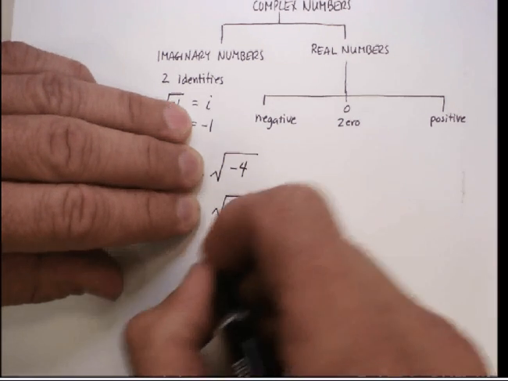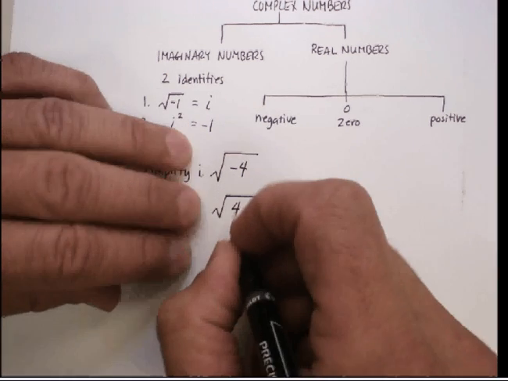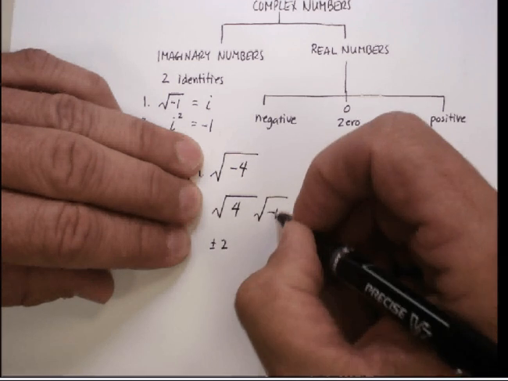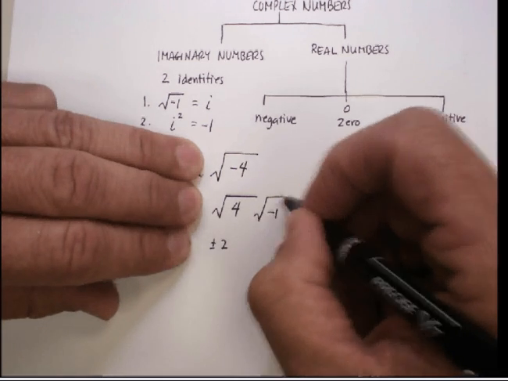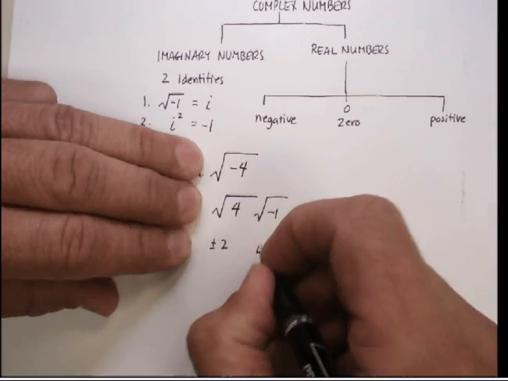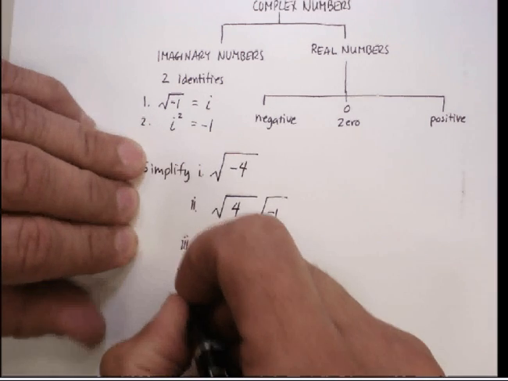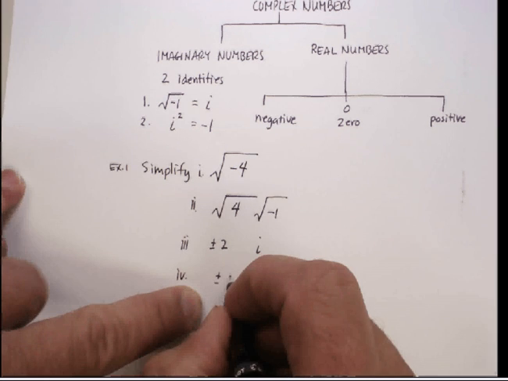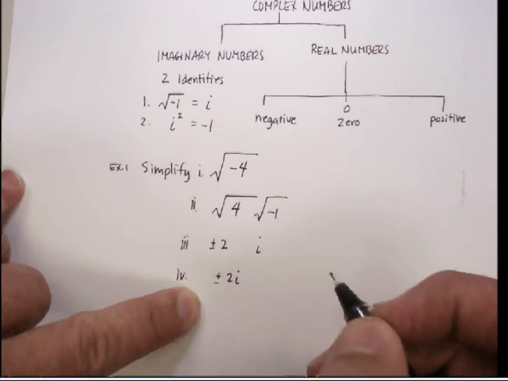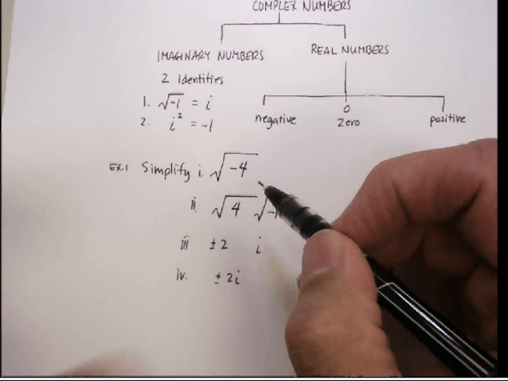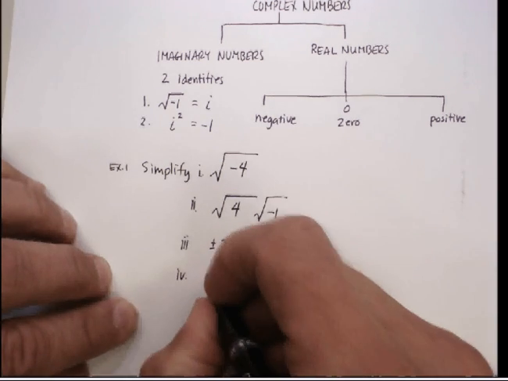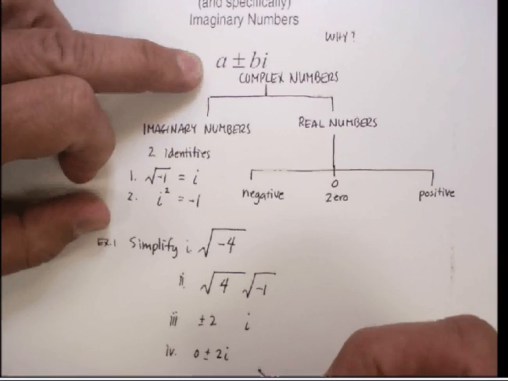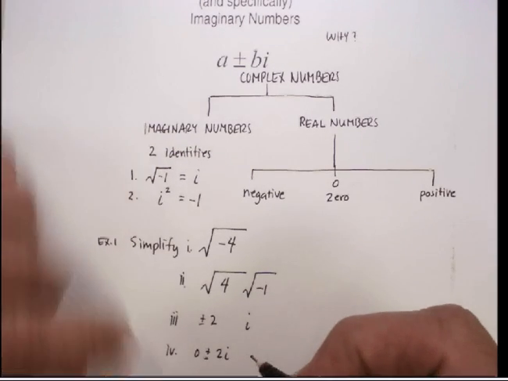Then you go ahead and take, we'll call this step 3, you take the square root of 4, which is plus or minus 2, and then you transform the identity of the square root of negative 1 into i. Step 4, so the square root of a negative 4 is plus or minus 2i. And if you want to write this in complex number form, you'd put a 0 in this spot, which is the a, in our a plus or minus bi.